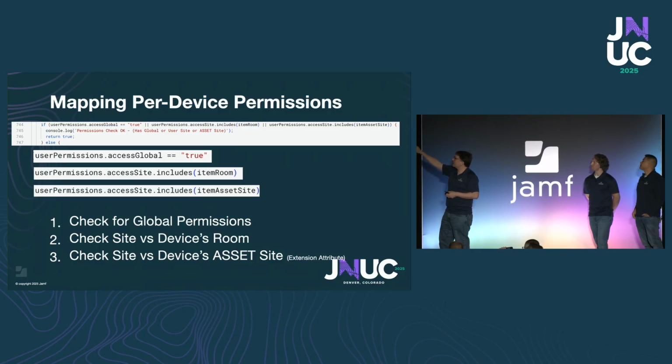Then I'm checking against the user permissions object we created earlier and the access site array, and I'm saying, does that include, in this case, the room of my device? If yes, great. If not, I'm also going to check the asset site. That's a custom extension attribute we have. So I can check it against all three of those variables to see if you are allowed to make changes or send commands to this device.